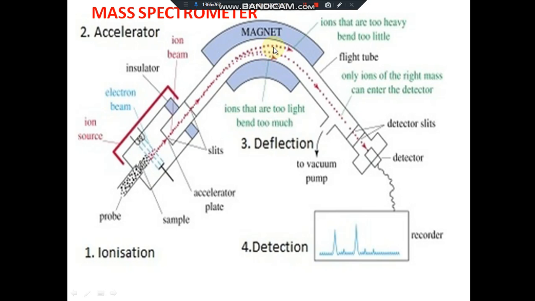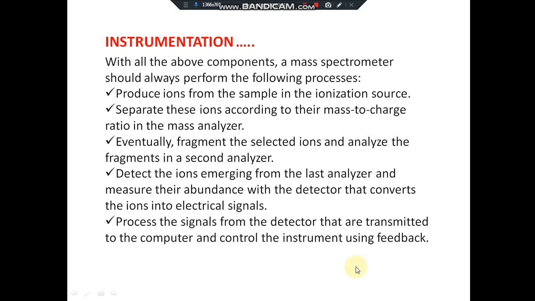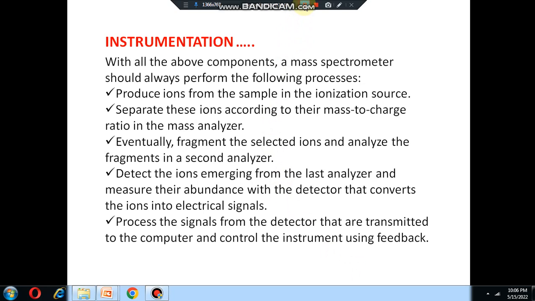The heavier ones are not deflected much, but lighter ones are deflected much. Only the ions of correct mass to charge ratio reach the detector. Then the recorder gives abundance versus the m/e value. So a mass spectrometer should produce ions from the sample in the ionization source, and should separate these ions according to their mass to charge ratio.